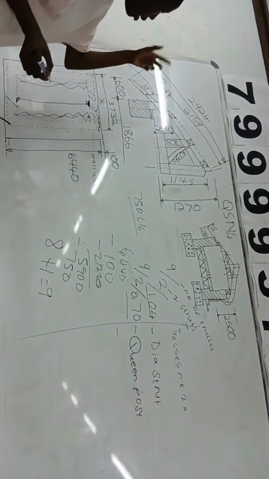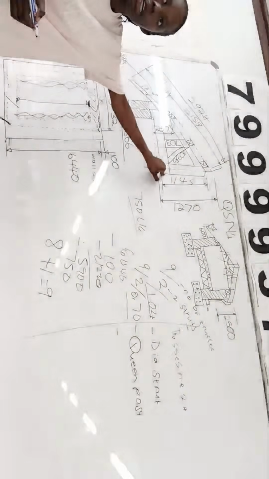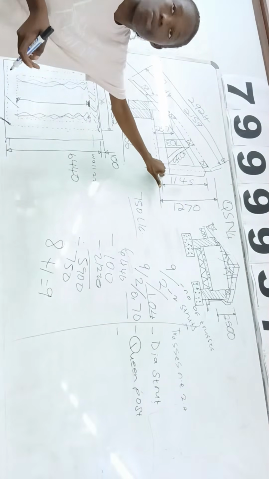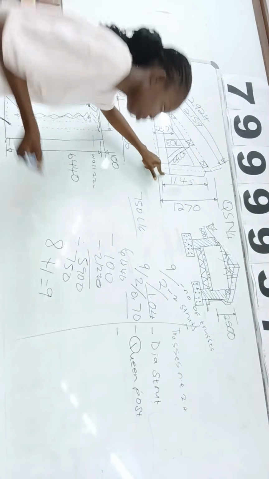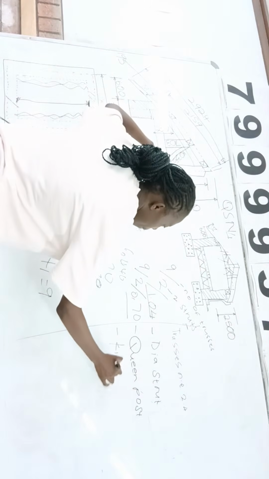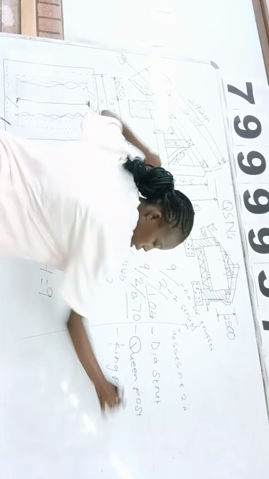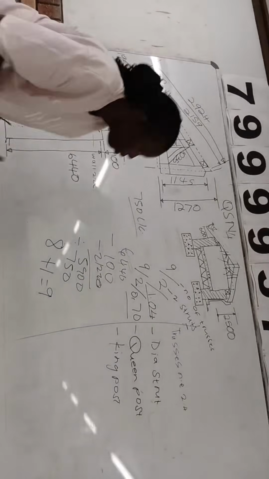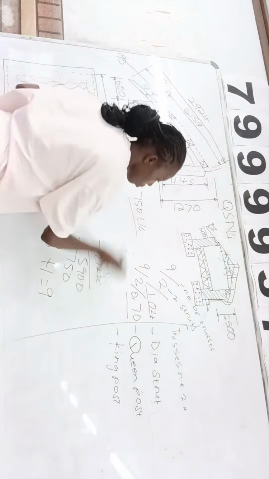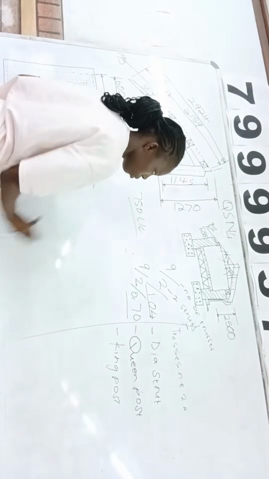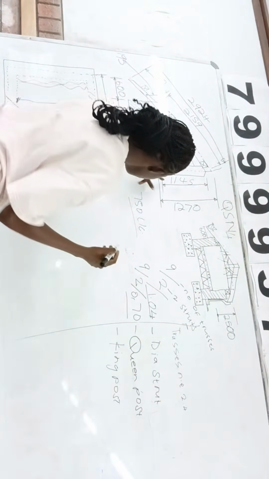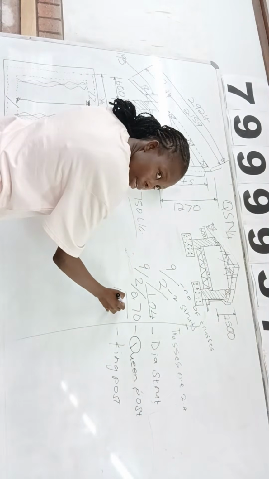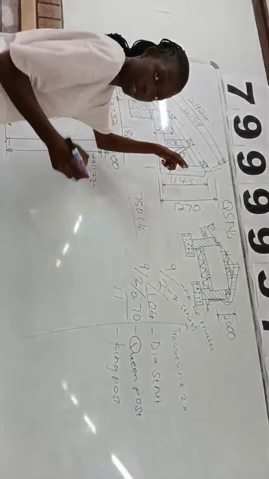What is this? Does it exceed 2,4? No. So king post. Now I will have to erase. Queen post, what's the length? 1145, so it's 1150 when you round off.